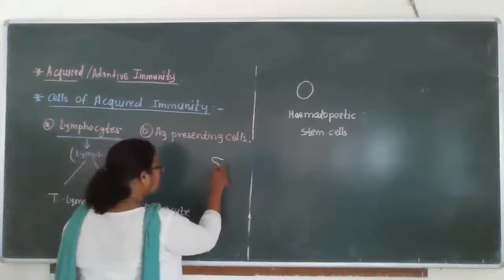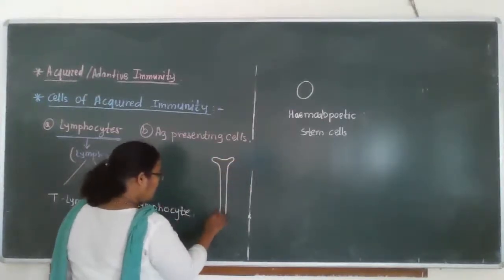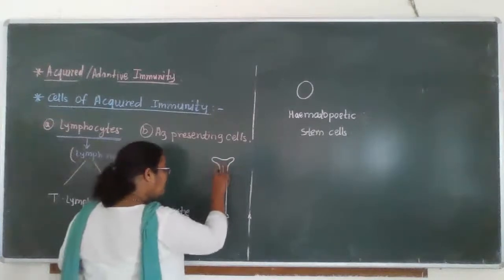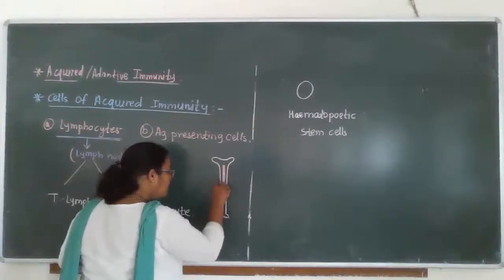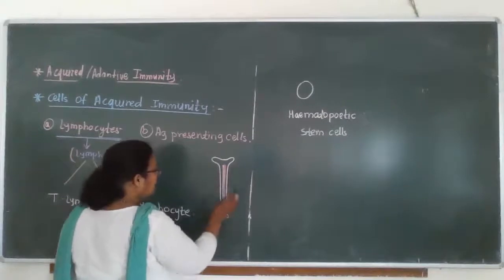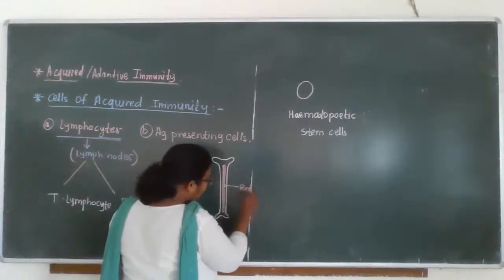Suppose this is a bone, and at the center of this bone there is the red bone marrow. The source of stem cells is the bone marrow.